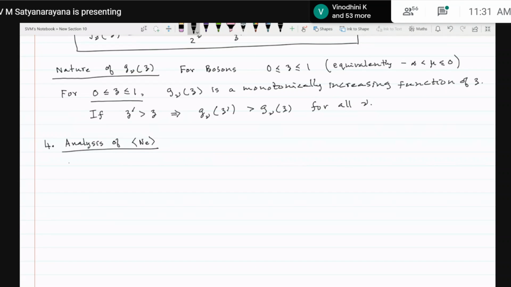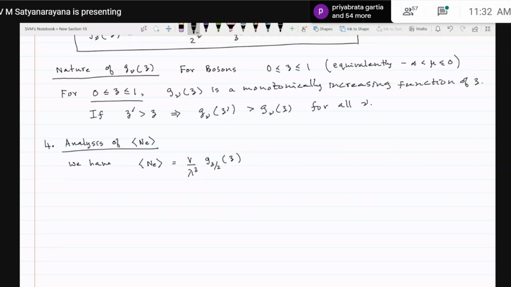Okay, so we have the average number of particles equal to V divided by lambda cube into G 3 by 2 of Z. Now, here is an important physical result that we will be showing, so please pay attention.